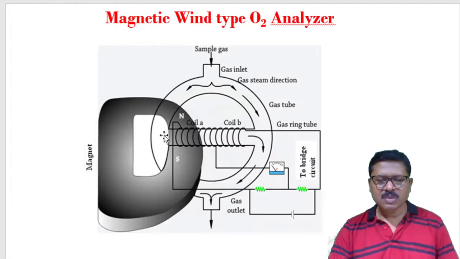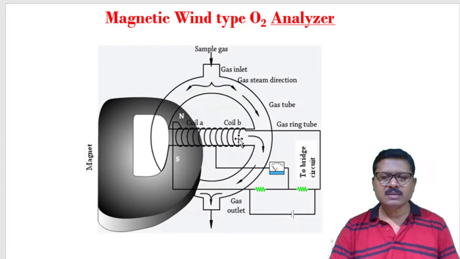Fresh sample will come here, it will flow through this path. Again fresh sample will come here, it will flow through this path. So there will always be a flow of sample gas having oxygen molecules through this tube, and this is termed as magnetic wind.